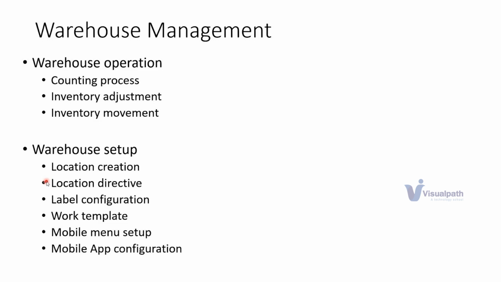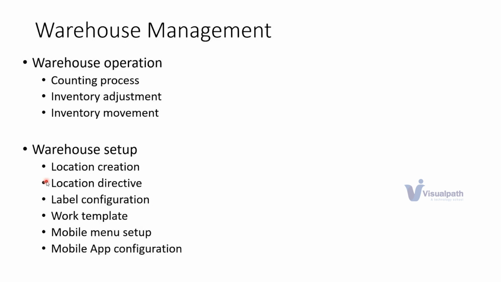So the location directive acts as a rule engine for the system to suggest from which location the item has to be picked for the sales process, and in which location it has to be placed for the purchase. Whereas the purchase pick location will be your default location where you receive the item and keep it. It's a fixed location. For the sales process, your put location will also be fixed, which will be the outbound dock. There can be an intermediate staging location, where everything is kept in one location and then moved again from there.